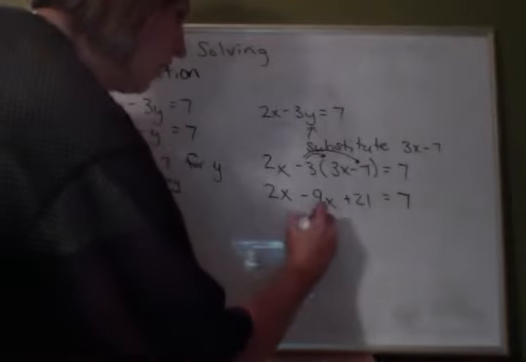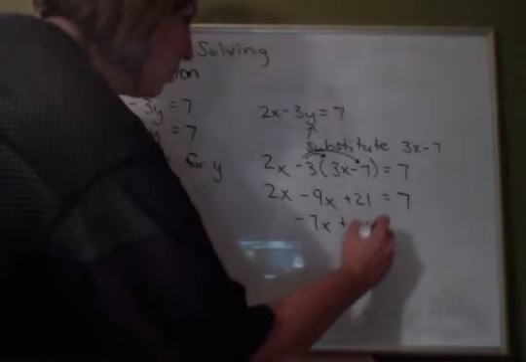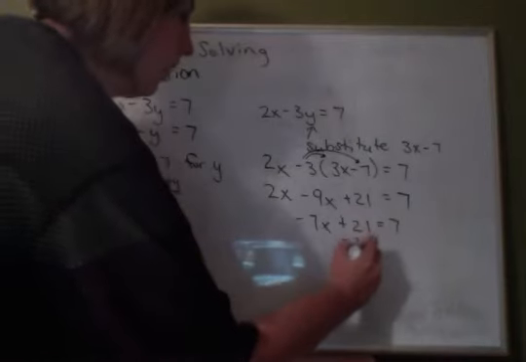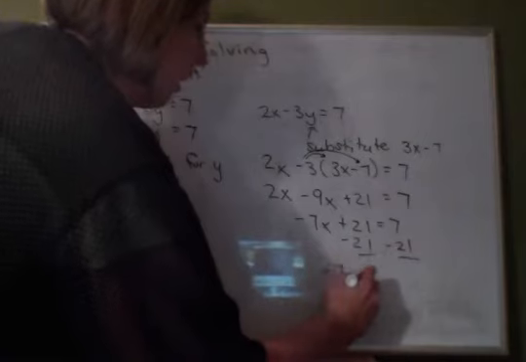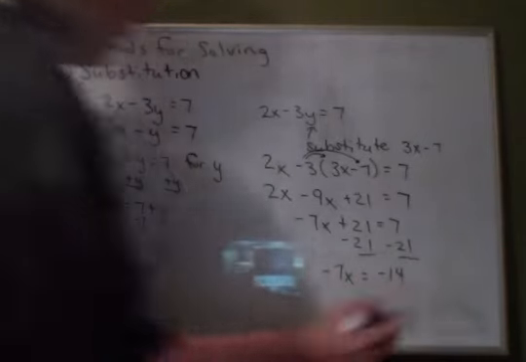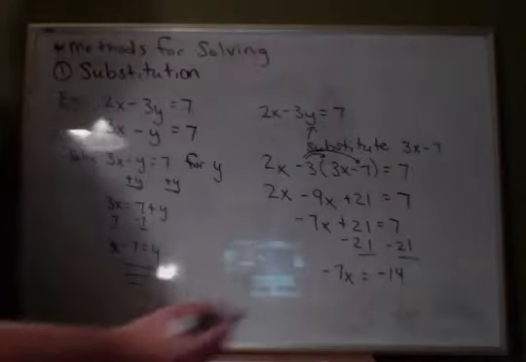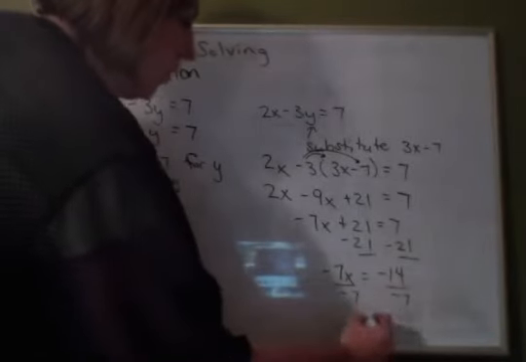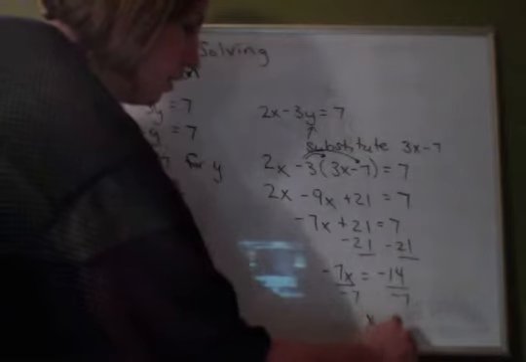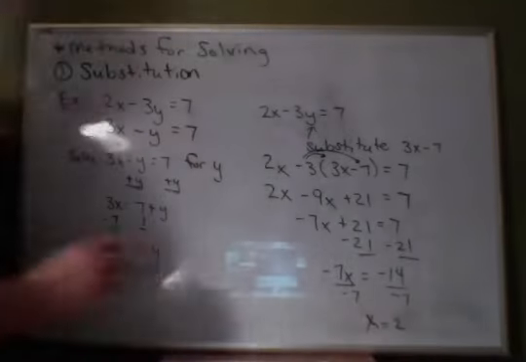Or negative 7x plus 21 equals 7. I'll subtract 21. So negative 7x is equal to negative 14. And then finally, divide both sides by negative 7. So x is positive 2.